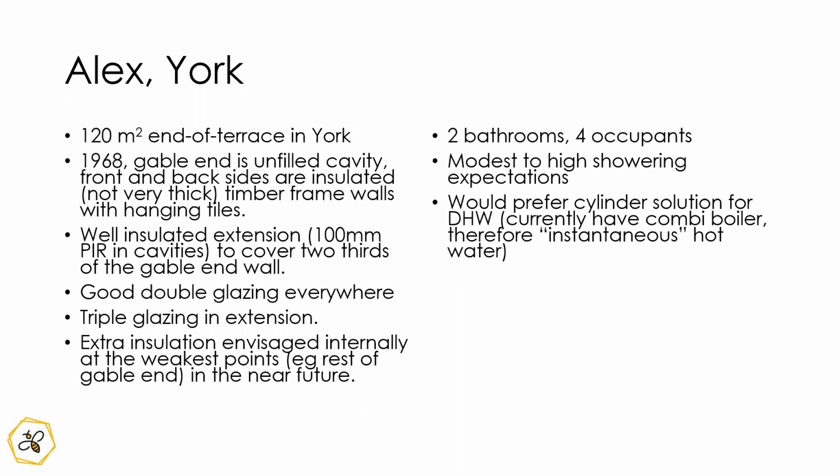There's a well insulated extension, 100mm PIR in cavities that covers 2/3 of the gable end wall. Good double glazing everywhere and triple glazing in the extension. Extra insulation is envisaged internally at the weakest point, so that's envisaged in the near future.